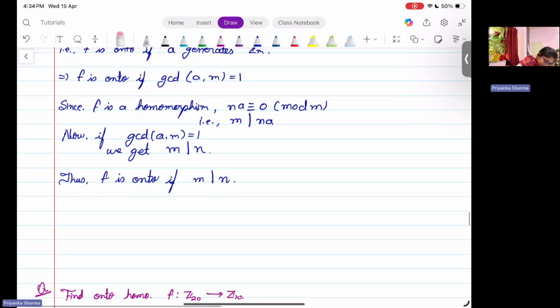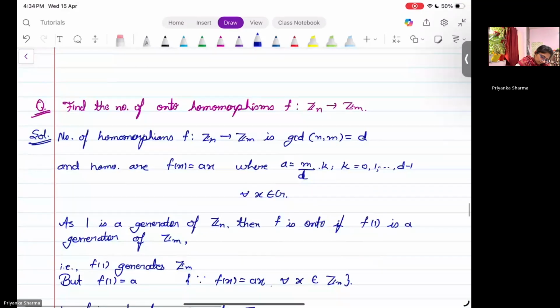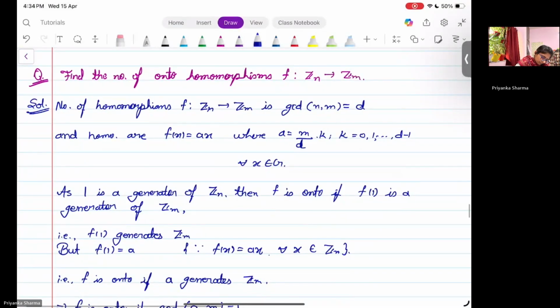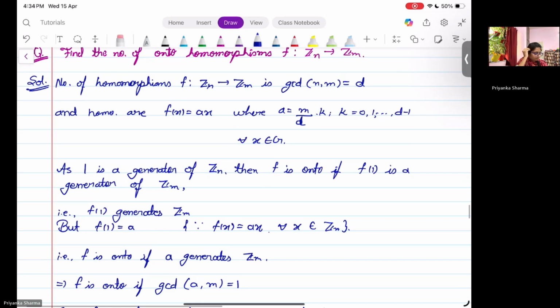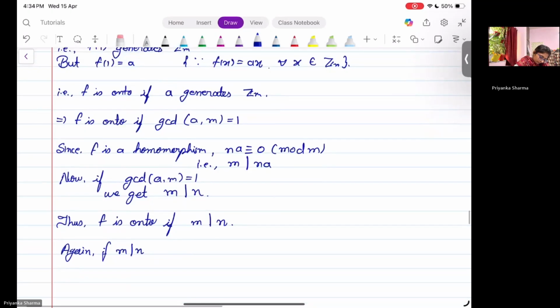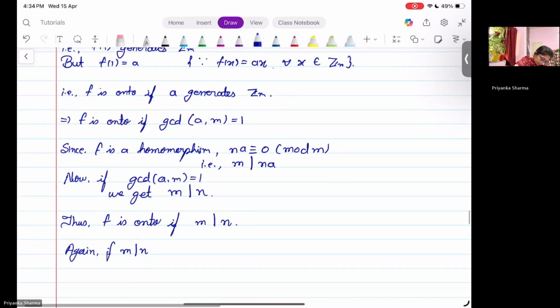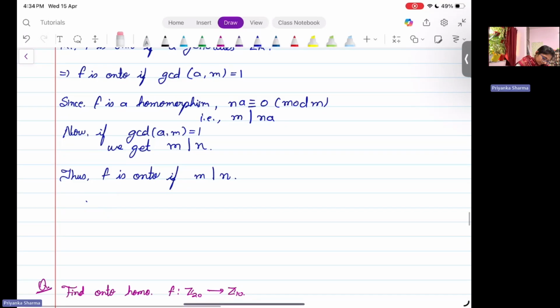See, again, if m divides n, or let me write it directly.